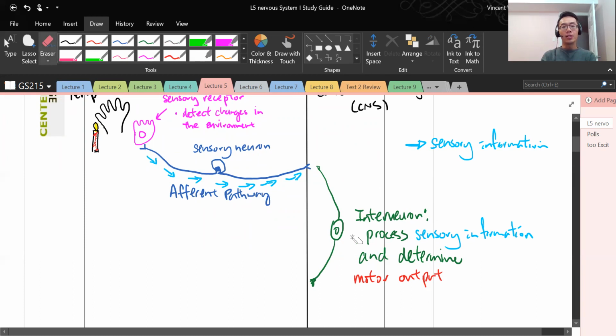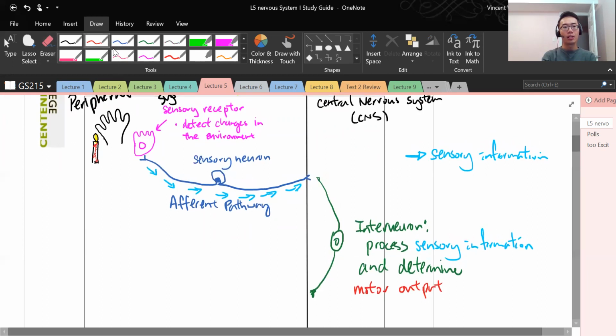Okay, so interneuron is exclusively found in the central nervous system. It's only within the brain or the spinal cord. Whereas the sensory neuron, the one that takes sensory information, in order to make a connection with the interneuron, it actually has to go into the central nervous system a little bit.